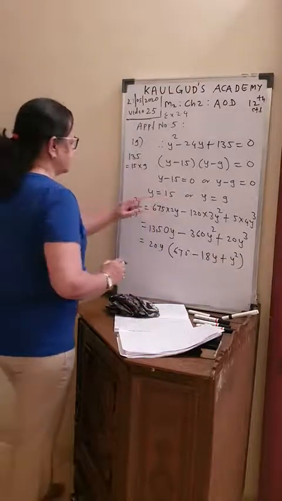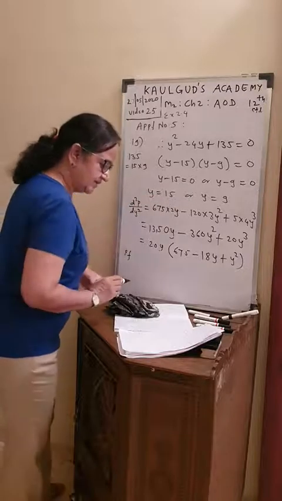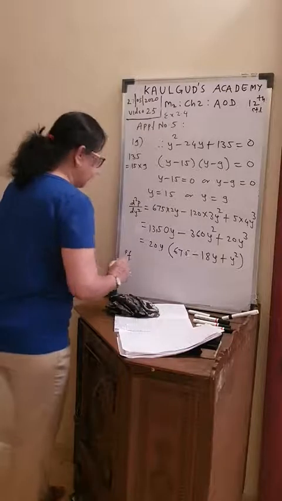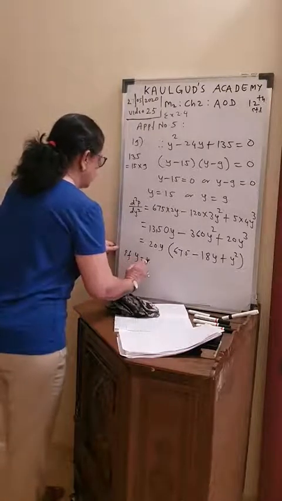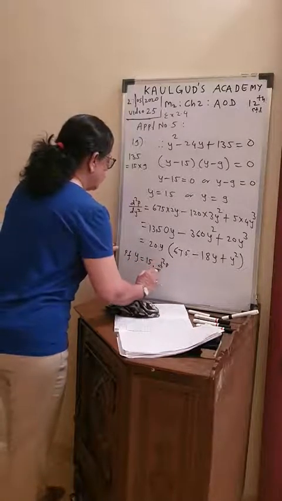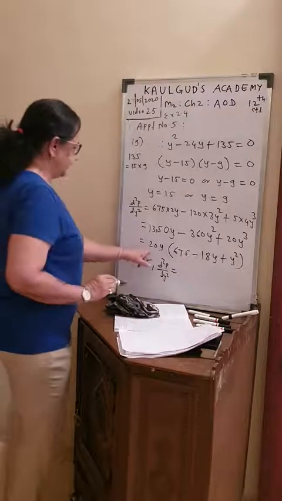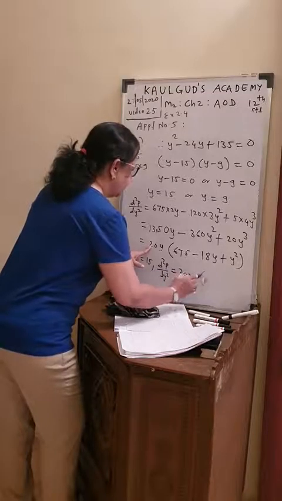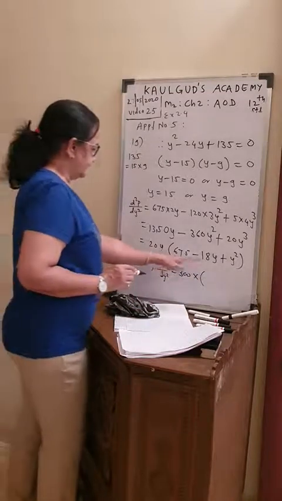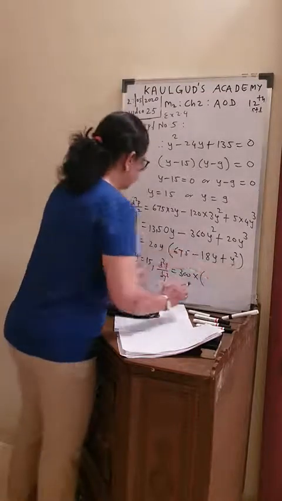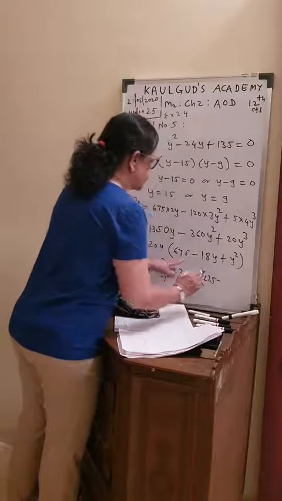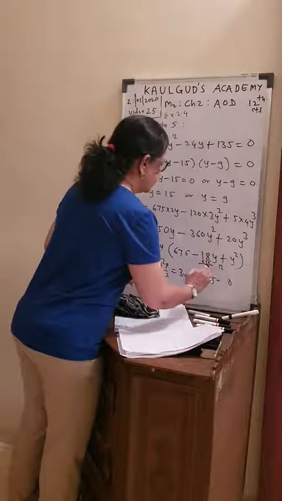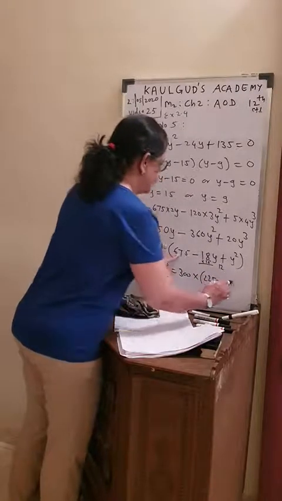So now if y equal to 15, you want this product to be maximum, okay. So if y is equal to 15, what do you get? d2p by dy square. Observe, 15 20s are 300 outside, into bracket y square, 15 square, 225, minus 18 into 15, 15 18s are 270, and plus 675.